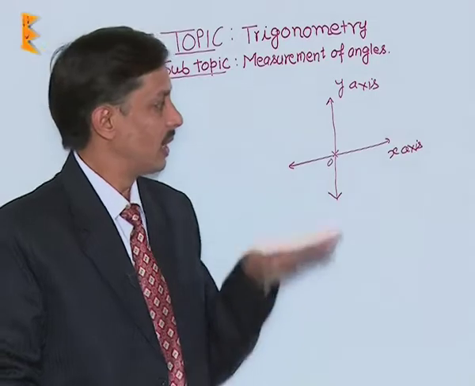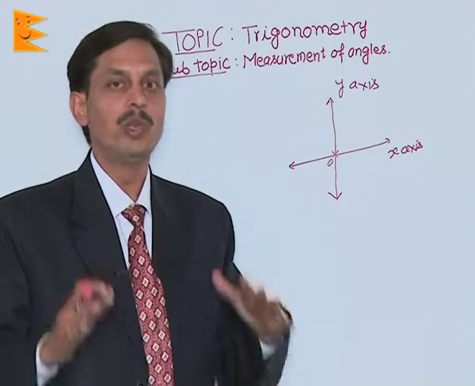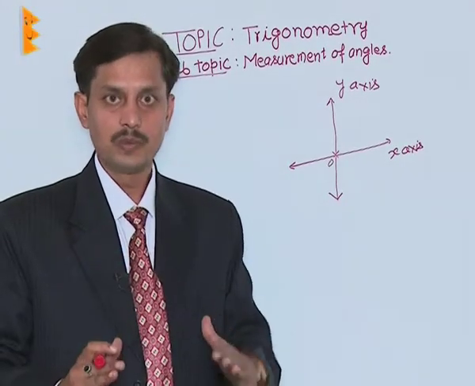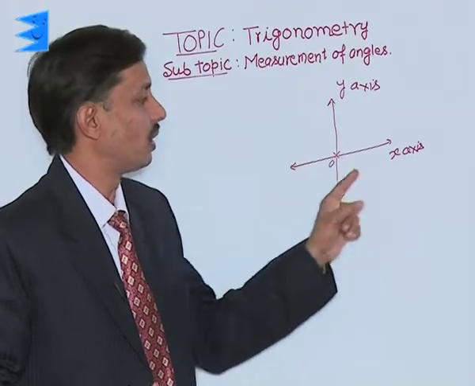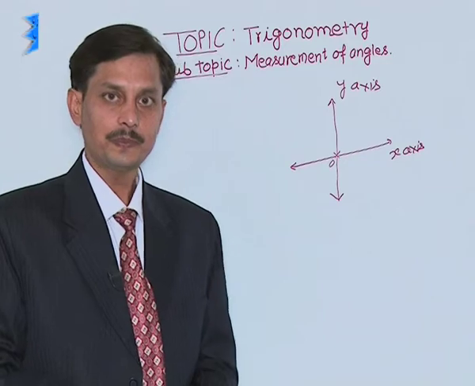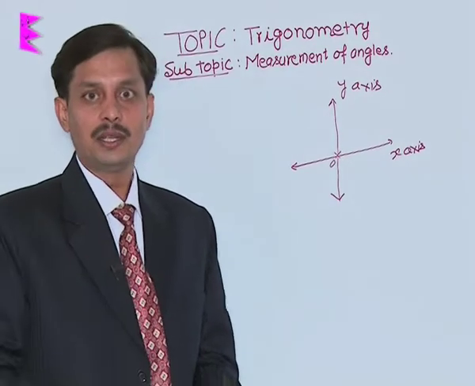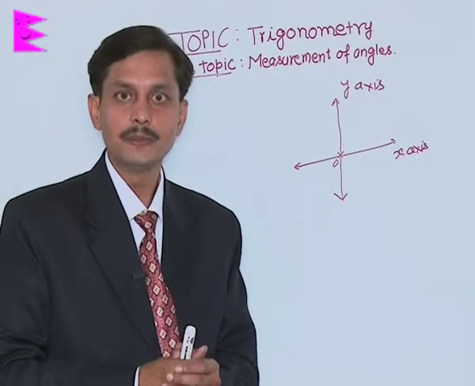Now, if in a plane we draw two lines, one horizontal, other vertical, then the plane is separated into four quadrants. Each quadrant is a right angle.